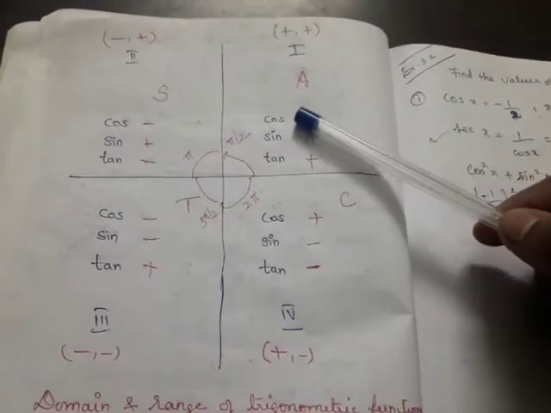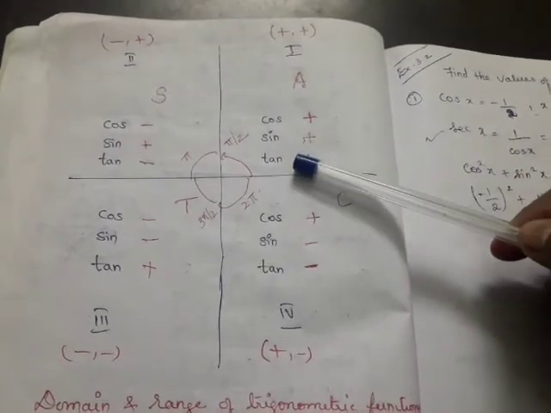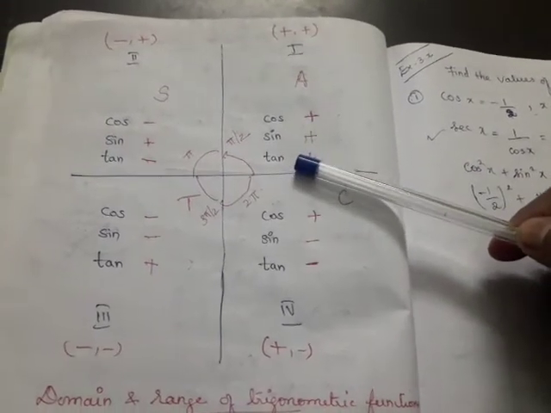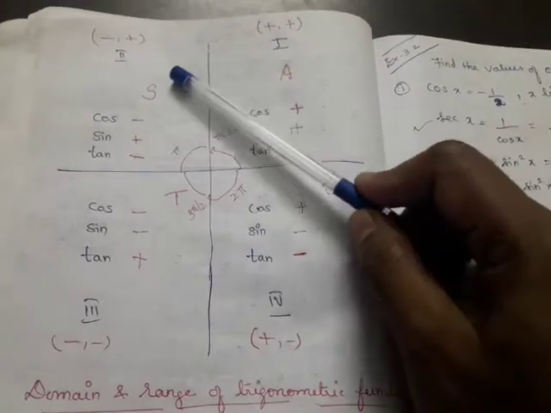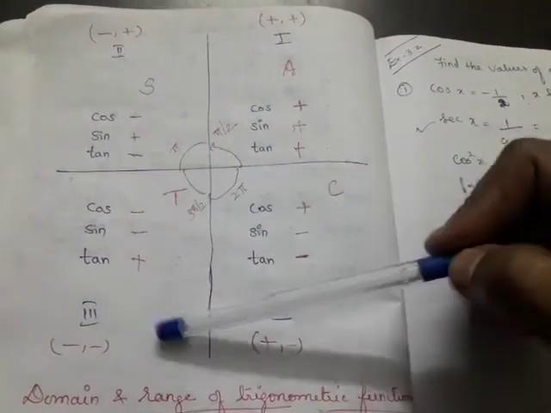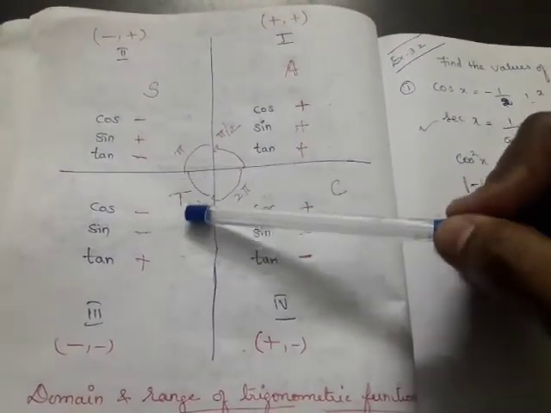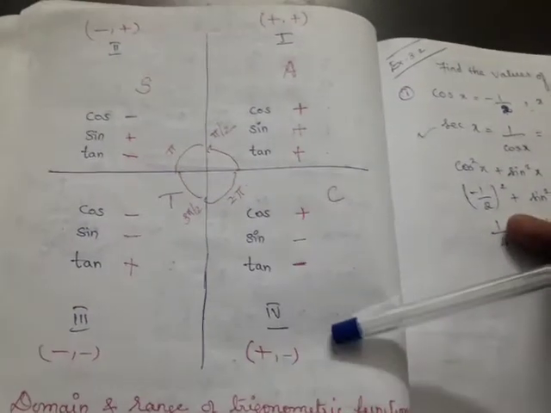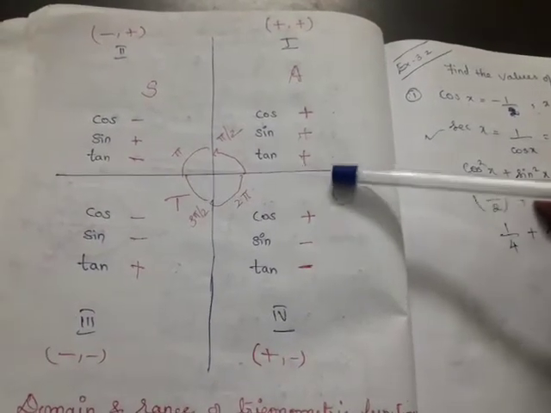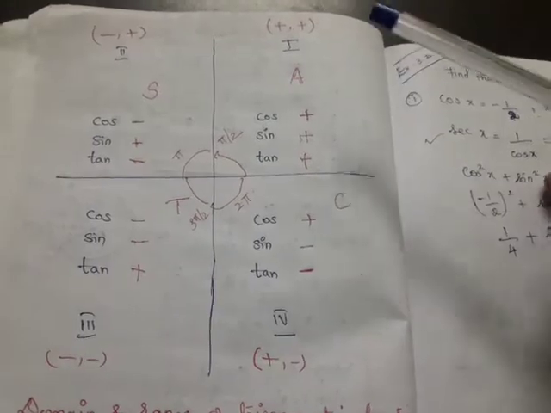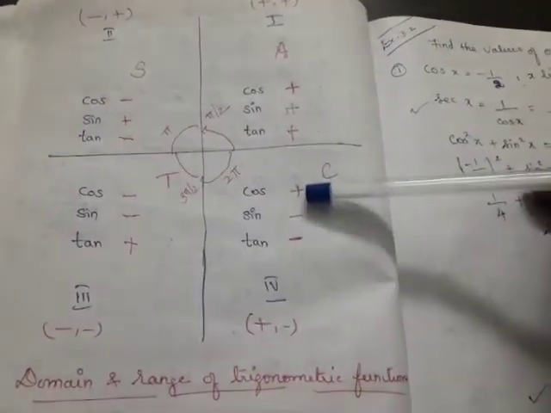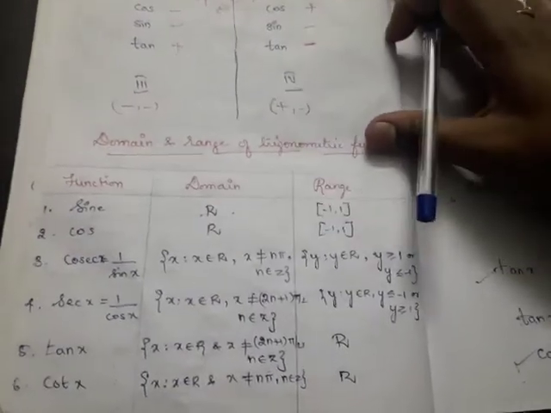It includes its reciprocal: cos, sin, tan, cosec, secant and cot. In the second quadrant, only sine and its reciprocal is positive. In the third quadrant, only tan and its reciprocal is positive. In the fourth quadrant, only cos and its reciprocal is positive. All silver tea cups.